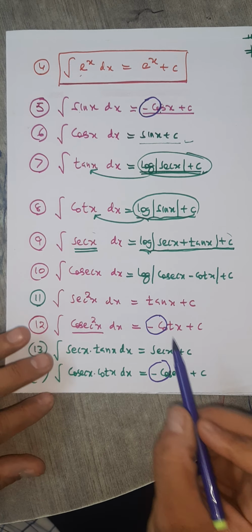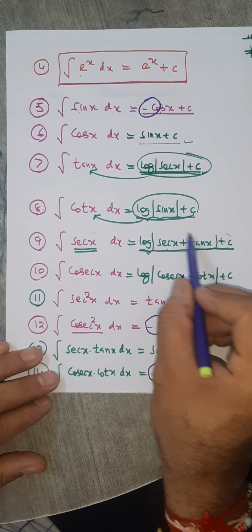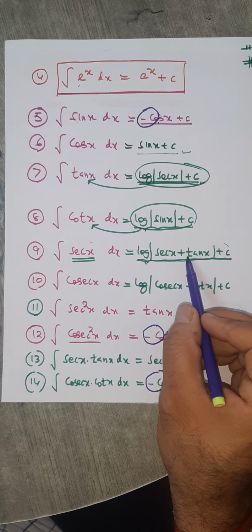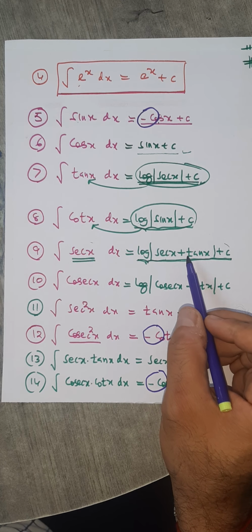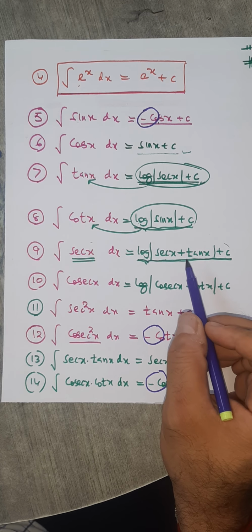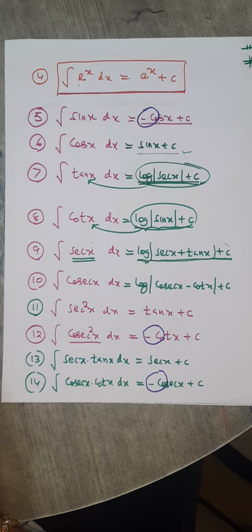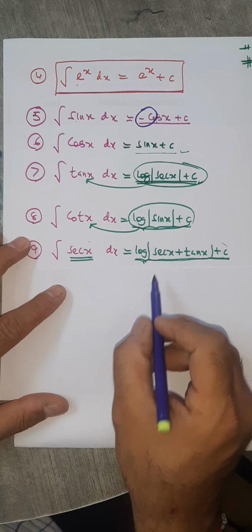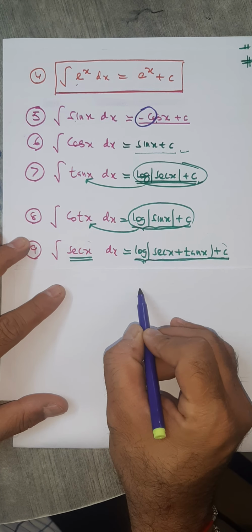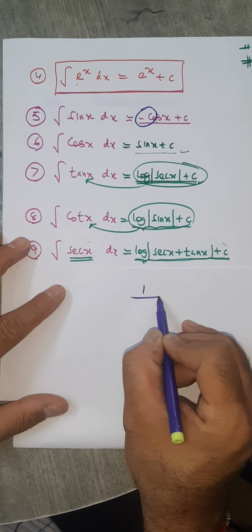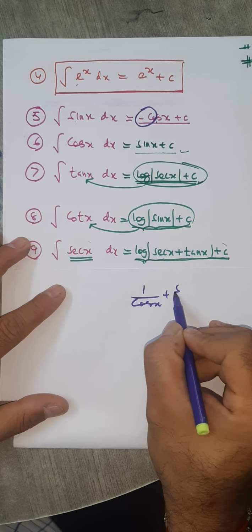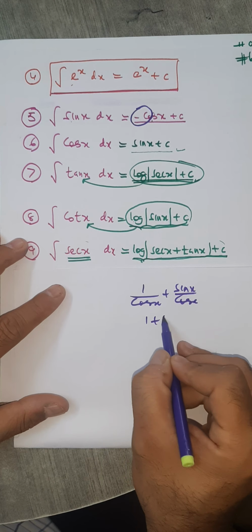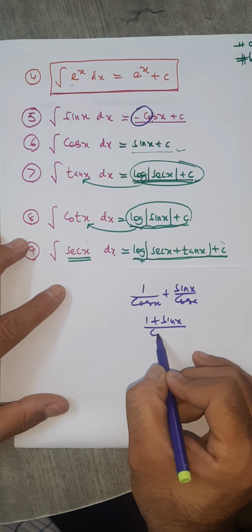Now here, sometimes this can be rewritten in this form. If I simplify sec x plus tan x using the trig functions like this, I'm just simplifying sec x plus tan x. I'm keeping this as it is. So this is 1 upon cos x plus sin x upon cos x. This is 1 plus sin x upon cos x.